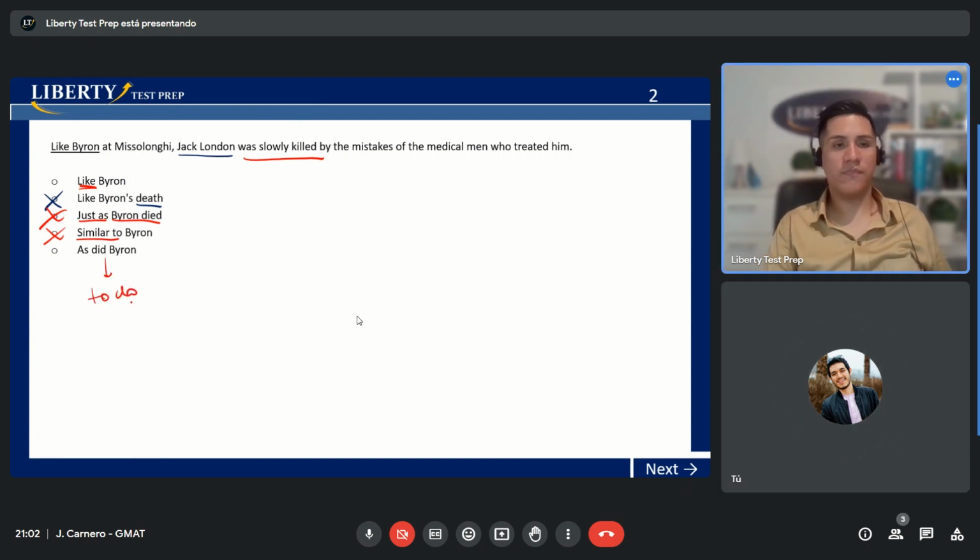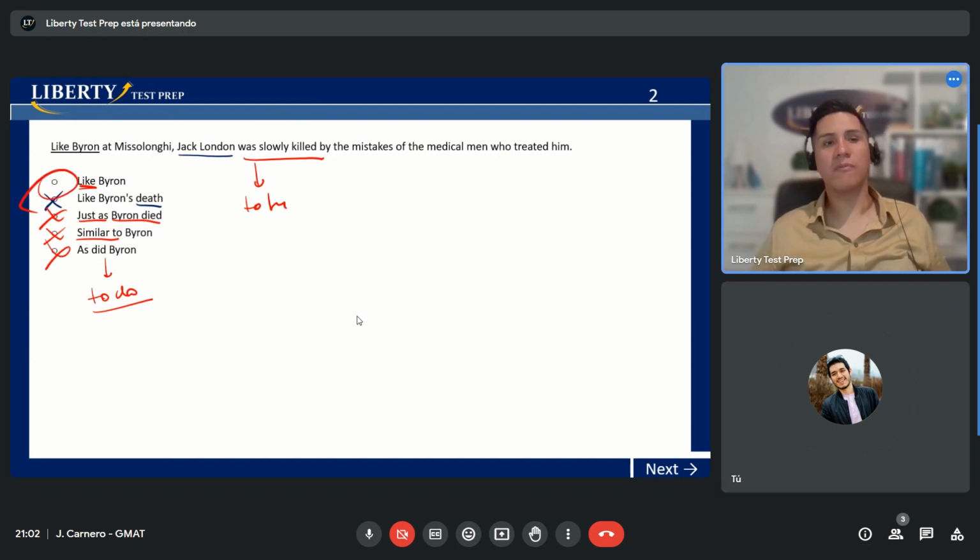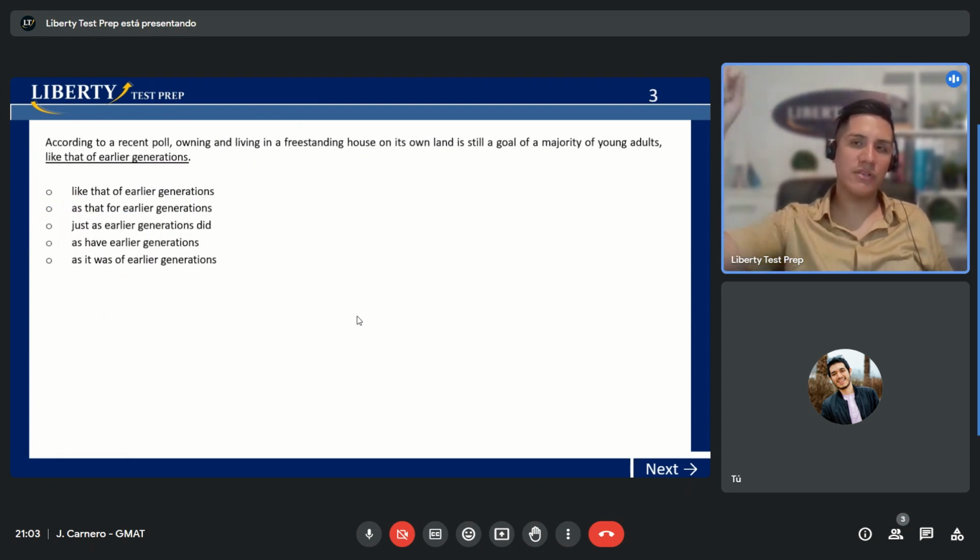What is it trying to replace? To be. That's it. It can't. There you go. Nice. All of them have been eliminated because of the correct reasons. Really good. Later on, we're going to see what we do when we see just as. But basically, it's very similar to as. Kind of the same thing. You have to have two clauses plus one extra thing that we're going to see later. Let's do this one, number three.